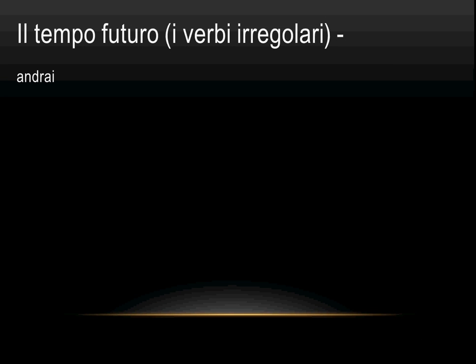Okay, now let's have a little test here. Let's see how many of these irregular stems you've learned and apply them. I'm going to give you a verb conjugated in the future tense, an irregular verb, and let's see if you can give me the English. The first one is andrai. You will go.